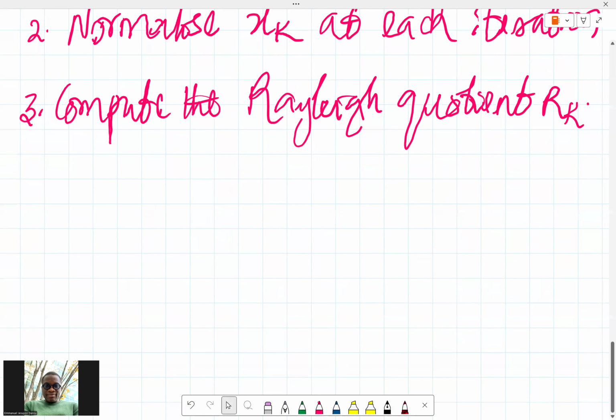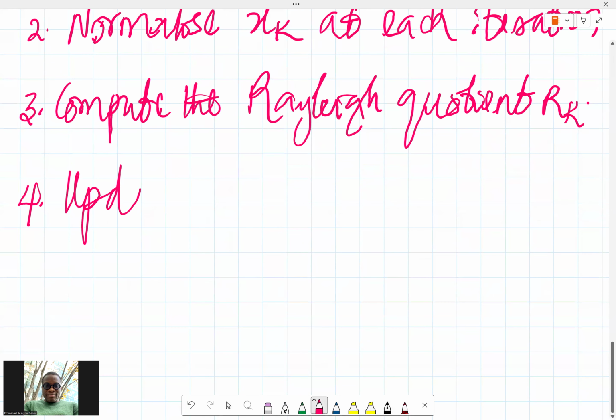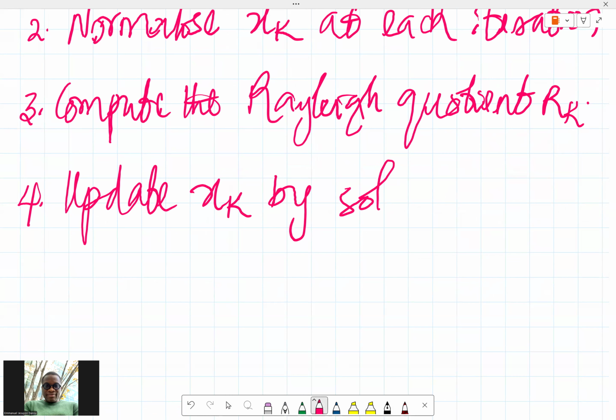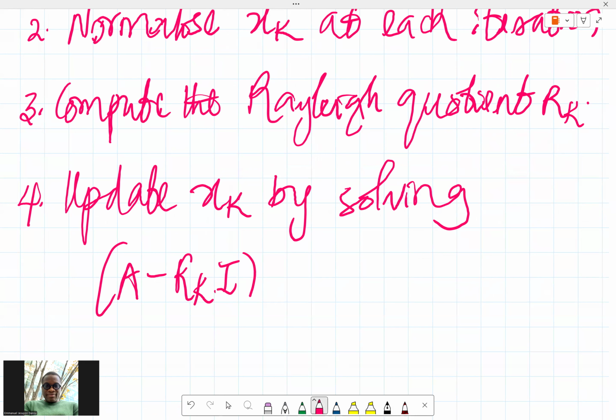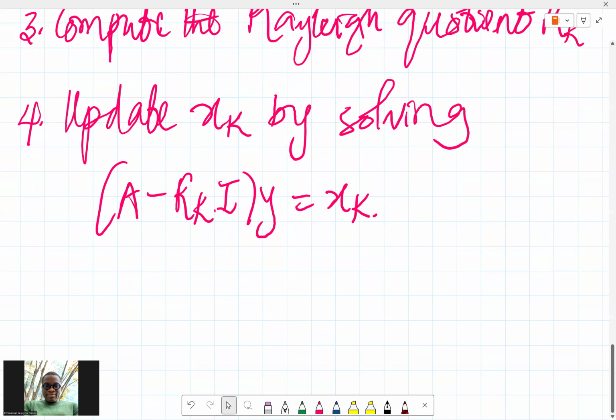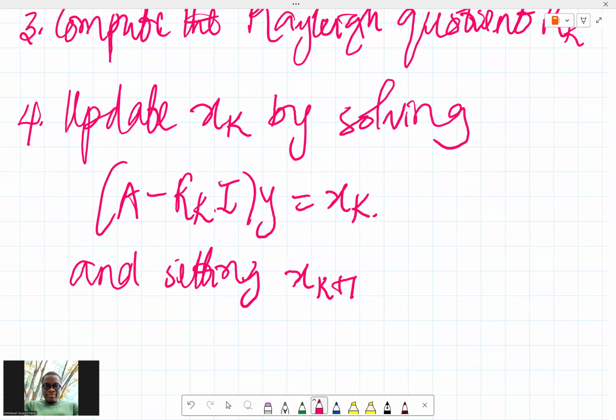Four, update x_k by solving (A minus R_k I) y equals x_k, and setting x_(k+1) to be equal to y over the norm of y.